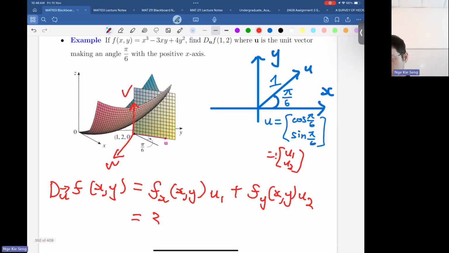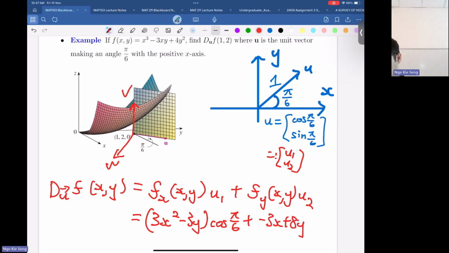So what do we get? 3x squared minus 3y, times u, where u is cosine of pi over 6, plus f_y, which is minus 3x plus 8y, times sine of pi over 6. So you can see that these two partial derivatives exist and are continuous. So f is differentiable, and this calculation will work.